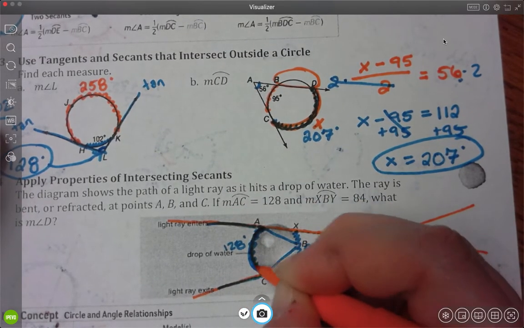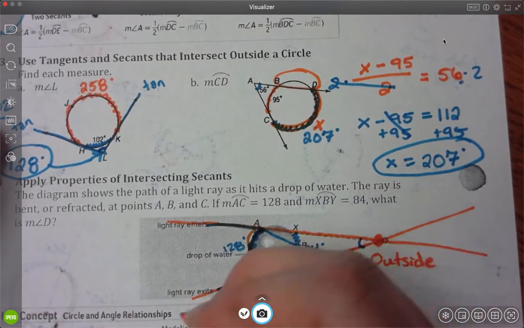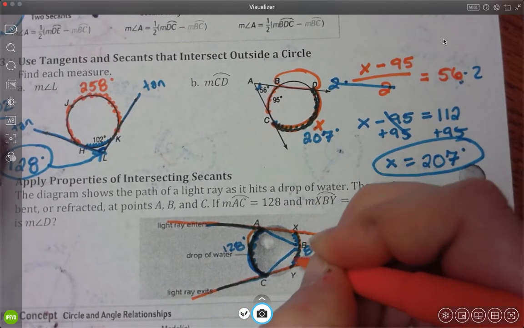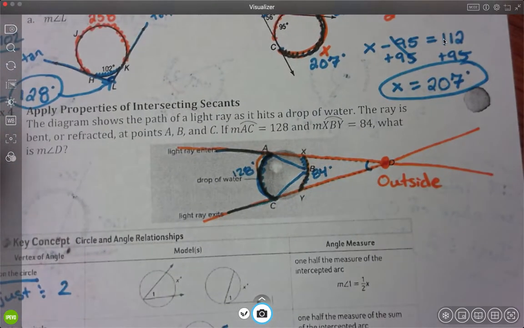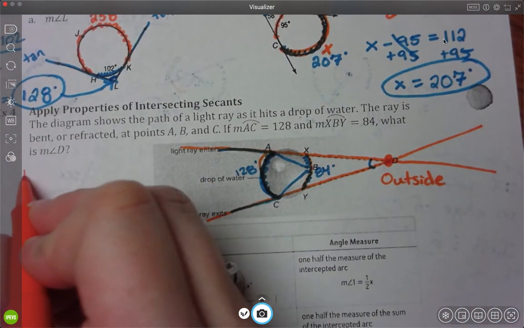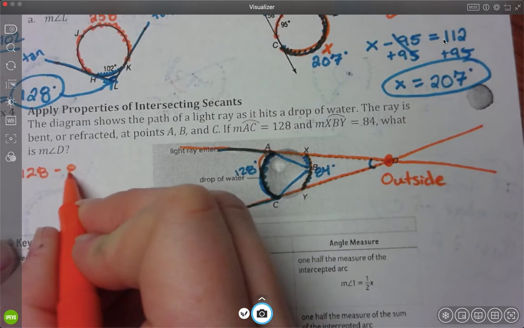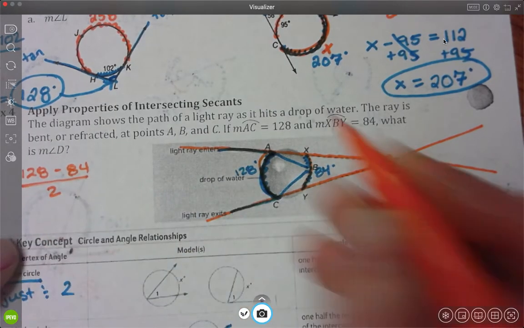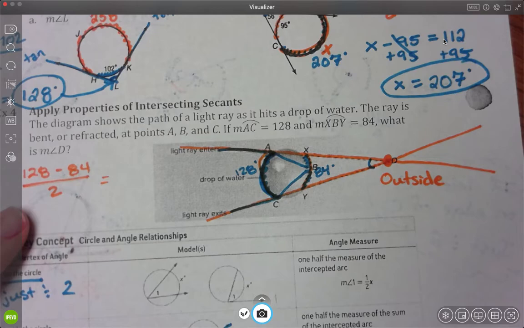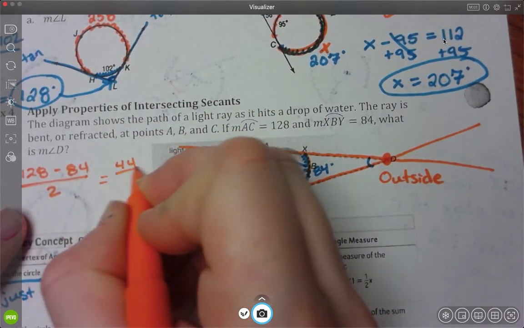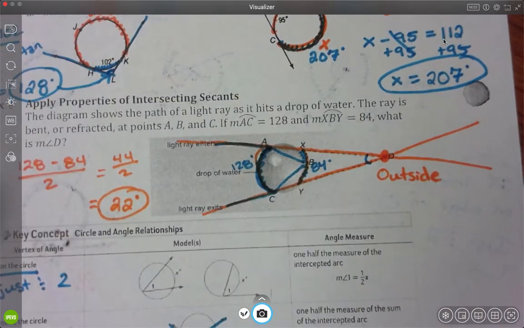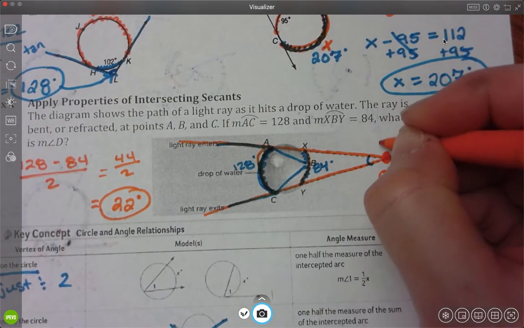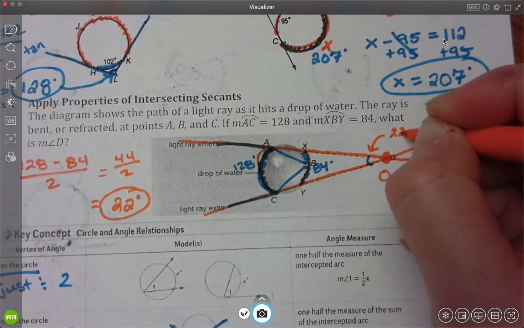I take the 128, which is the arc in between the two lines, and 84, which is the other arc that's between the two lines. Okay, I subtract those and I divide by 2. Okay, 128 minus 84 divided by 2. 128 minus 84 is going to be 44, divided by 2, and that is 22 degrees. Try to do as much of this as you can in your heads. So this guy is going to be a 22-degree angle.